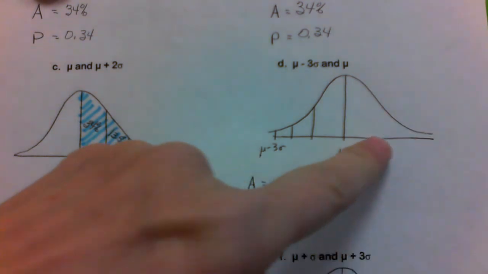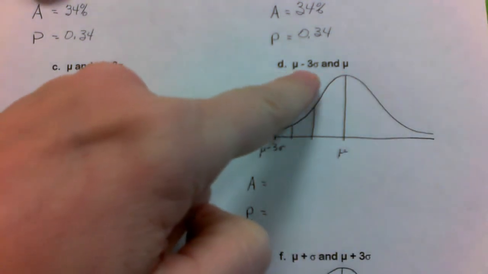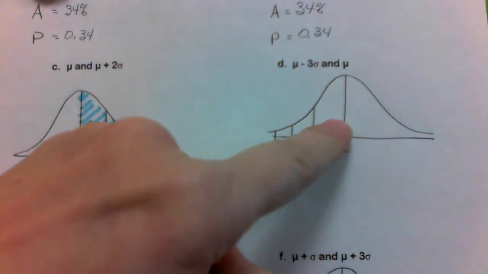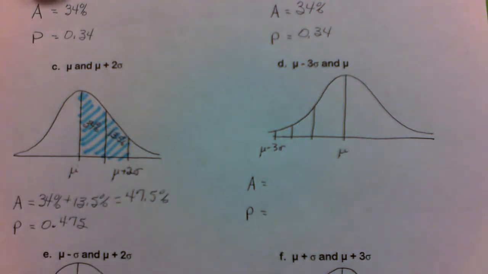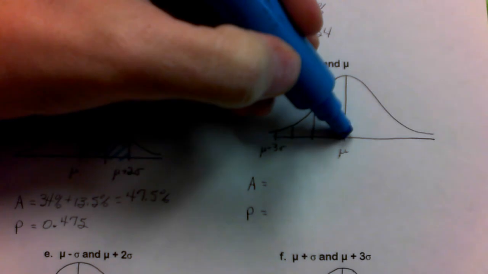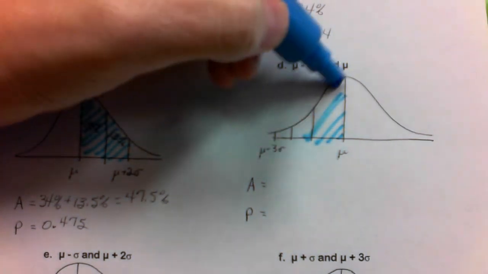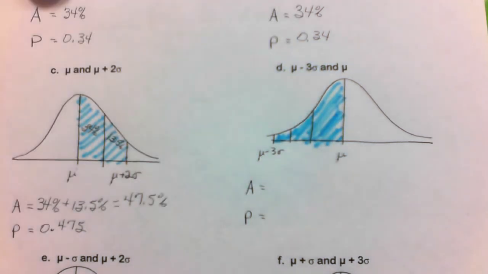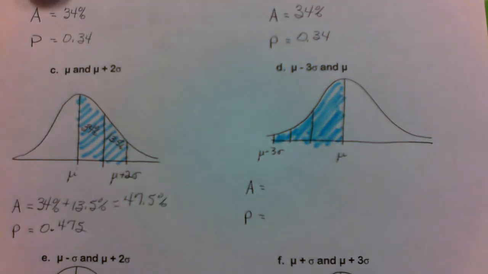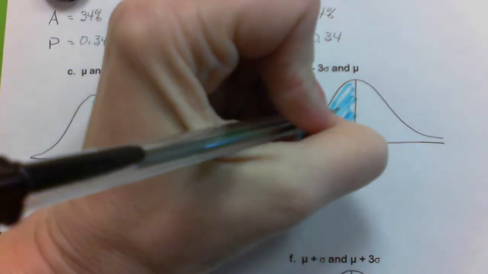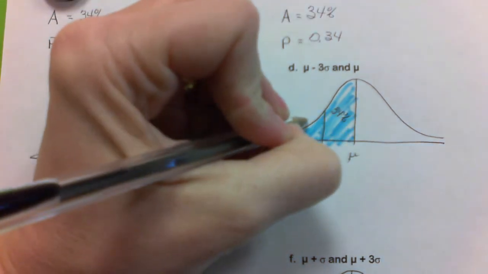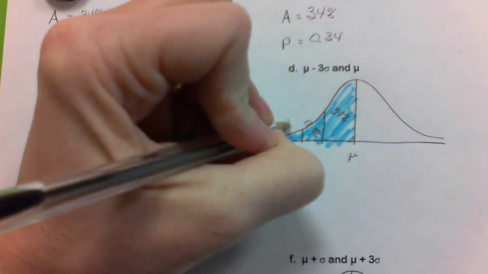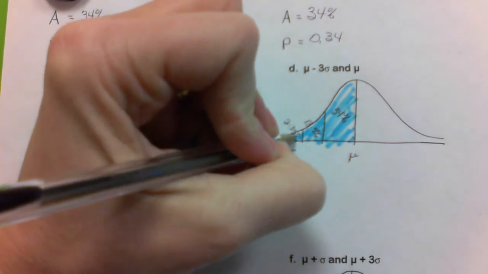All right, I have my normal curve drawn, mu minus 3, so I went over 1, 2, 3, and mu. Now I'm going to shade everything but the tail. So what we have shaded is 34%, 13.5%, and 2.35%.